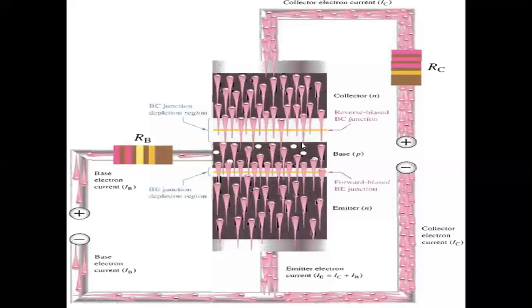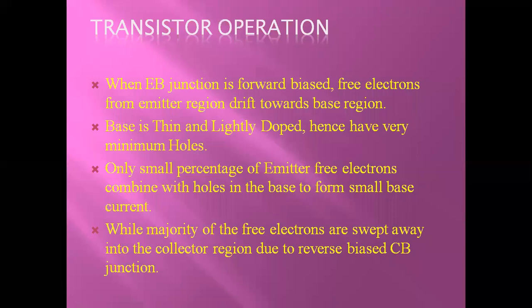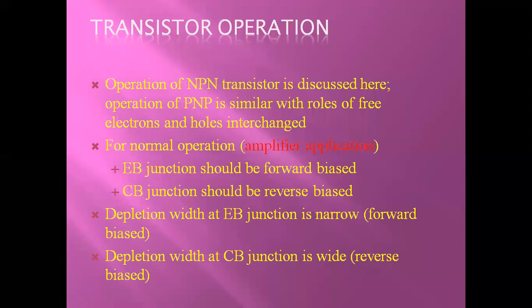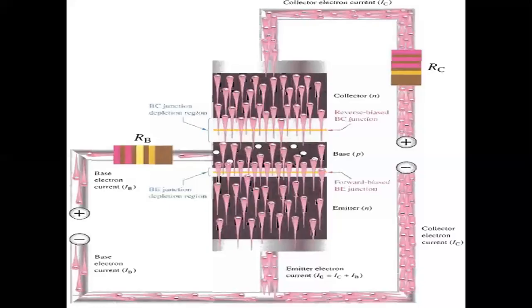Upon collision, this depletion layer concept has been discussed just now. In the forward biased condition, the emitter base junction is narrow, and in the reverse biased system, the collector base junction is very wide.